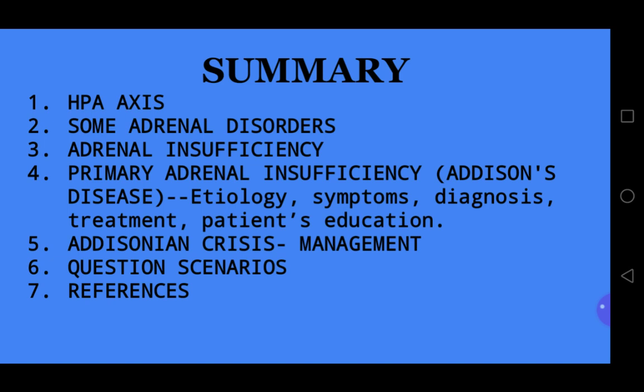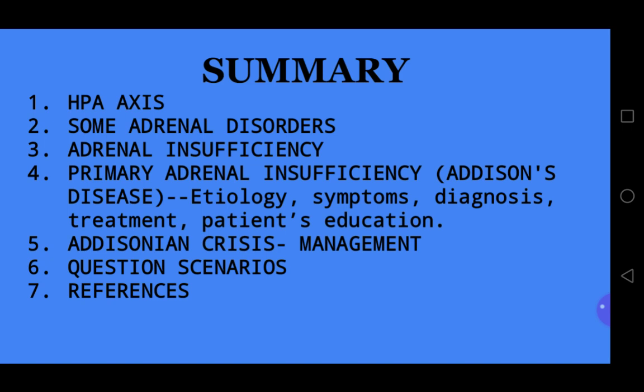In this video I am going to discuss the hypothalamic pituitary axis, some adrenal disorders, then specifically adrenal insufficiency and primary adrenal insufficiency, which is called Addison's disease. I will discuss etiology, symptoms, diagnosis, treatment, and patient's education.